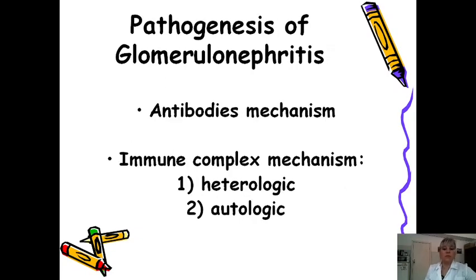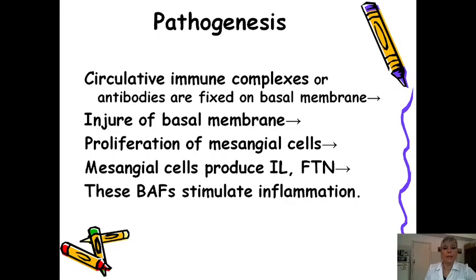Which pathogenesis of glomerulonephritis? There are 2 mechanisms: antibodies mechanism and immune complex mechanism, which may be heterologic and autologic. Antibody is the more serious mechanism of glomerulonephritis. Circulative immune complexes or antibodies are fixed on basal membrane in the glomeruli.